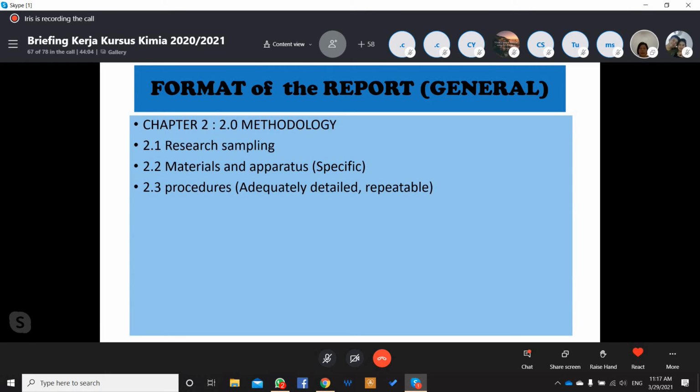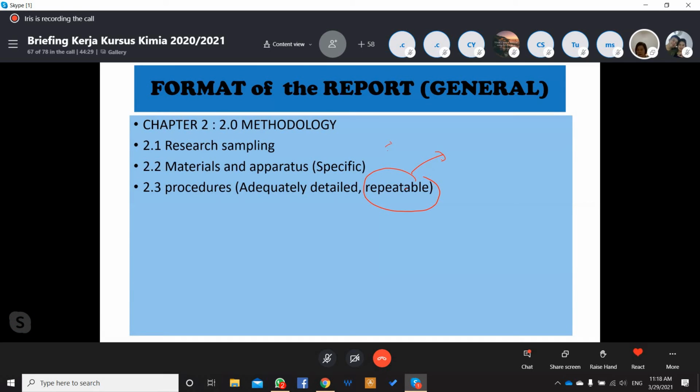Procedure should be adequately detailed and repeatable. It means when people read, let's say next time in the university you are doing your research project, whatever you write, your report, your journal, will be stored in the library. So when people want to search, they will look for the method. When they read your method, they can do it again.